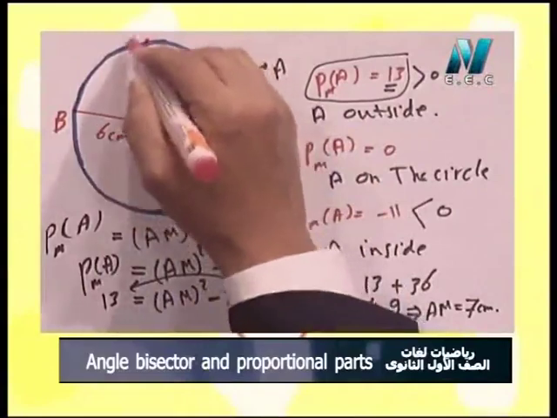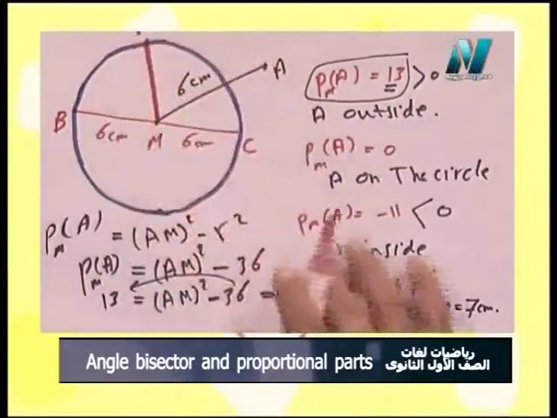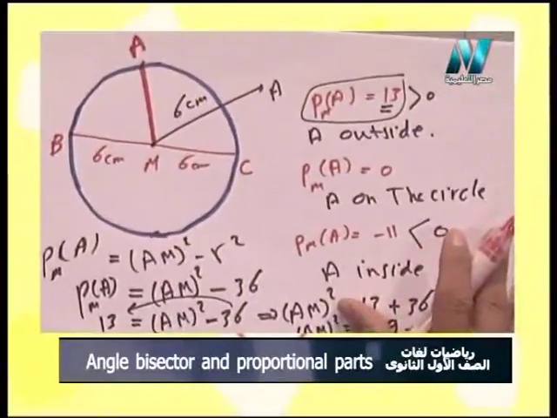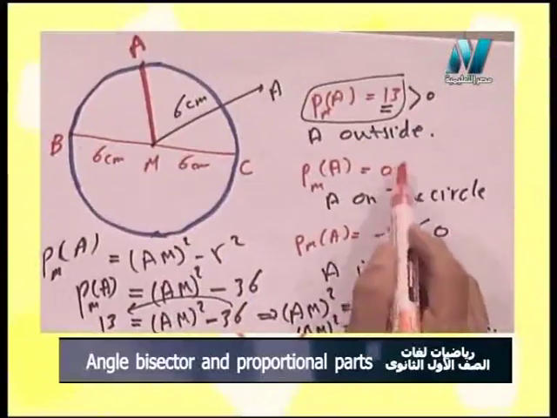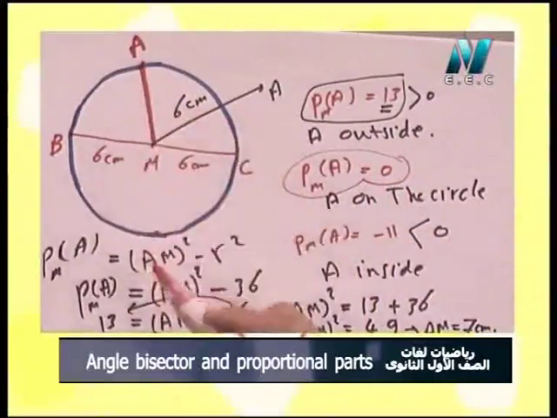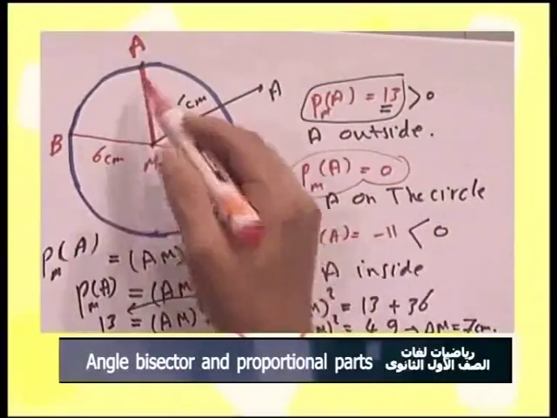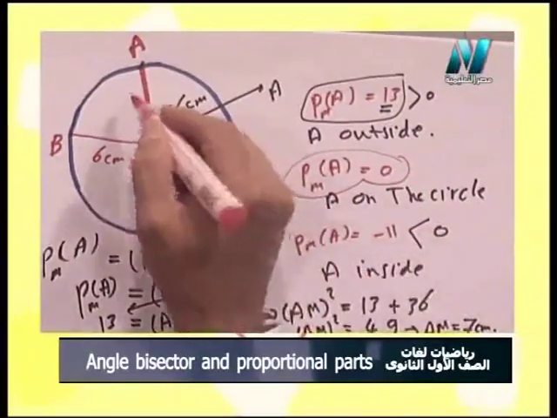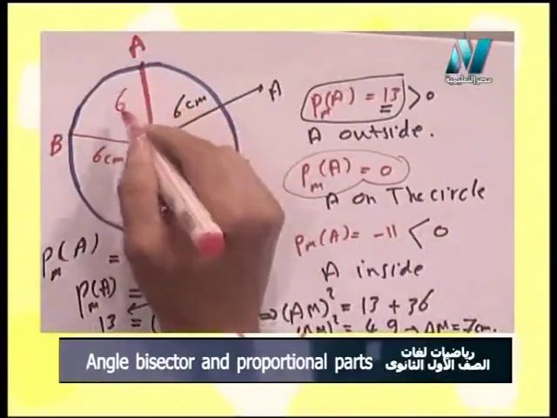If we have AM here, because the power of the point A equals 0, so A lies on the circle itself. So MA equals what? Of course, MA equals the radius, so it equals 6 centimeter.